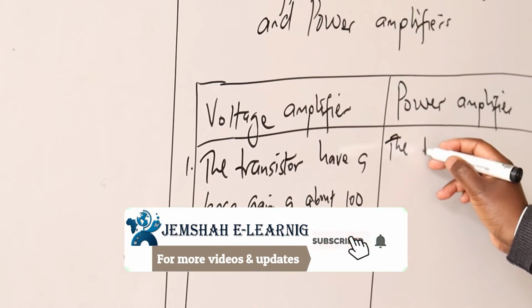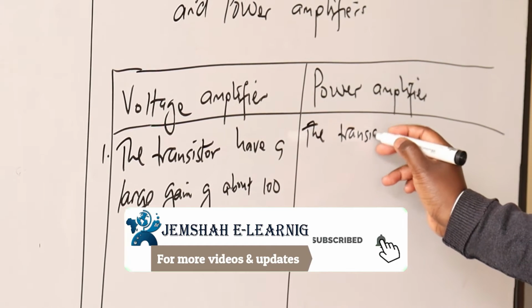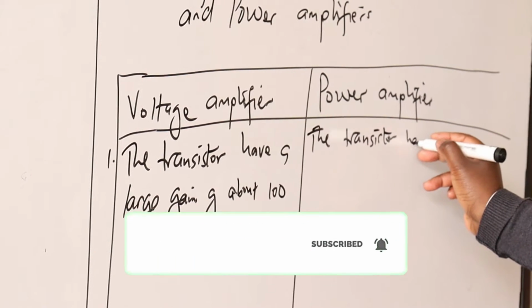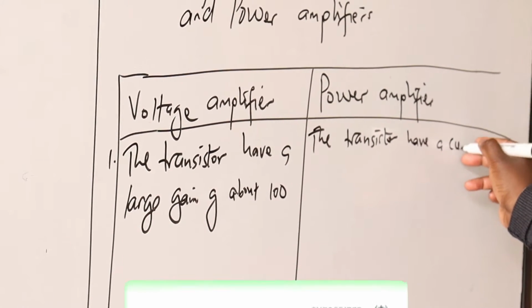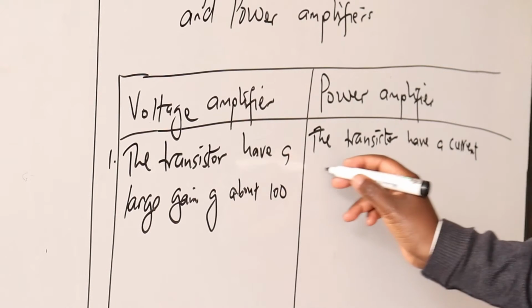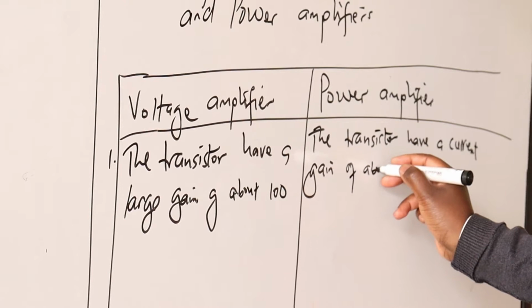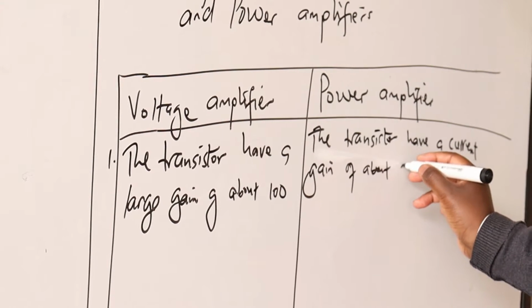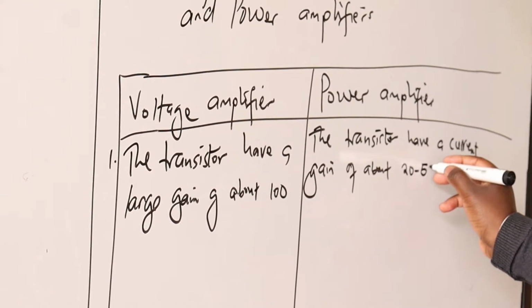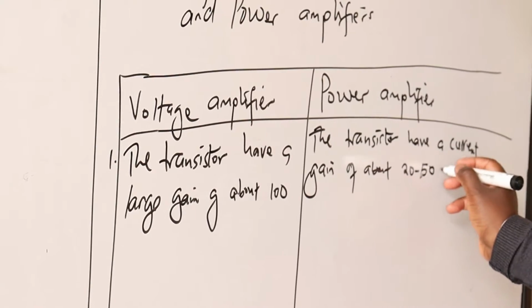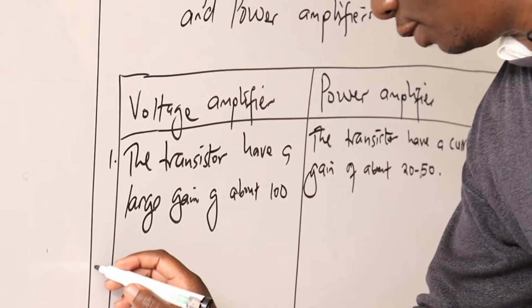Here the transistor has a current gain of about 20 to 50. We can have our number 2.